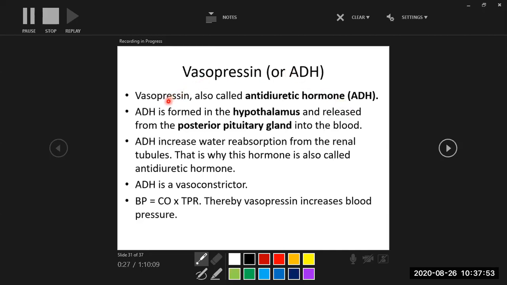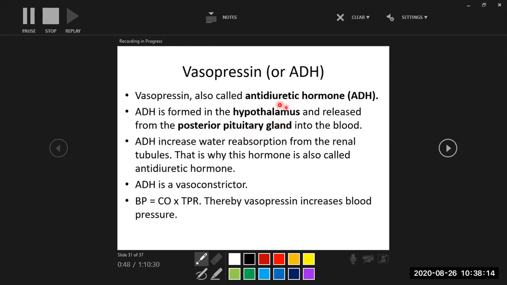Itself, it can actually cause vasoconstriction as well, because its name vasopressin functions as a vasoconstriction.